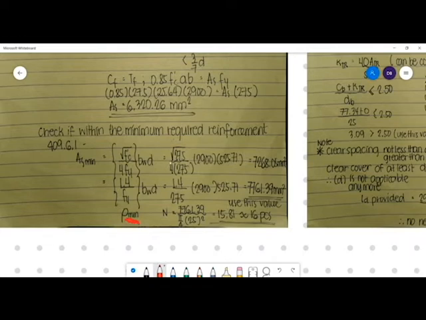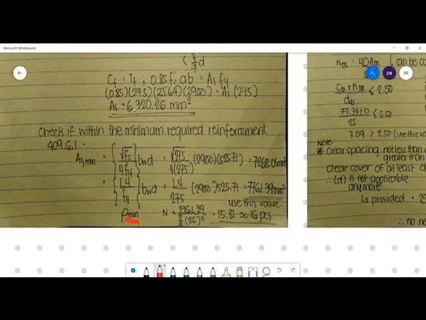This is equal to square root of 27.5 over 4 times 275 times 2,900 times 525.71. This is equal to 7,268.05 millimeter square. Now, if we use the other formula, we are able to get 7,761.39 millimeter square. So ang solved value natin for A sub S is equal to 6,320.